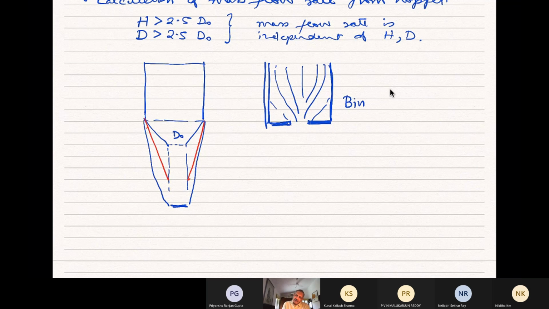You can have material flowing out of a bin, and if you don't care whether there's a stagnant zone or not, then you can use this. This is much easier to construct. But if you have sticky materials, and materials in which you don't want a stagnant zone to form, then you have to go for this.